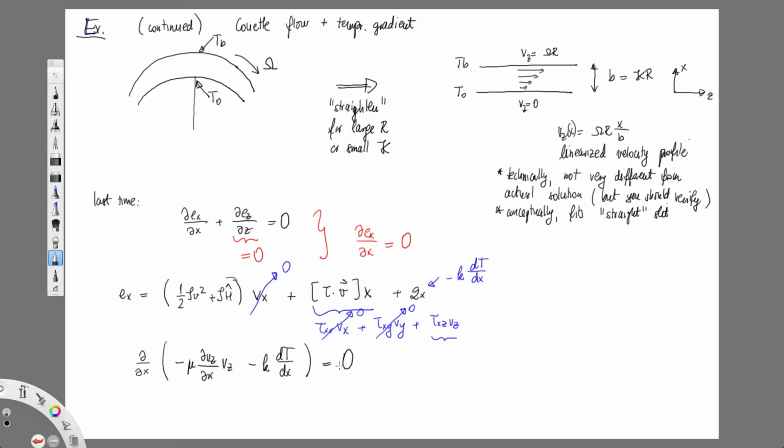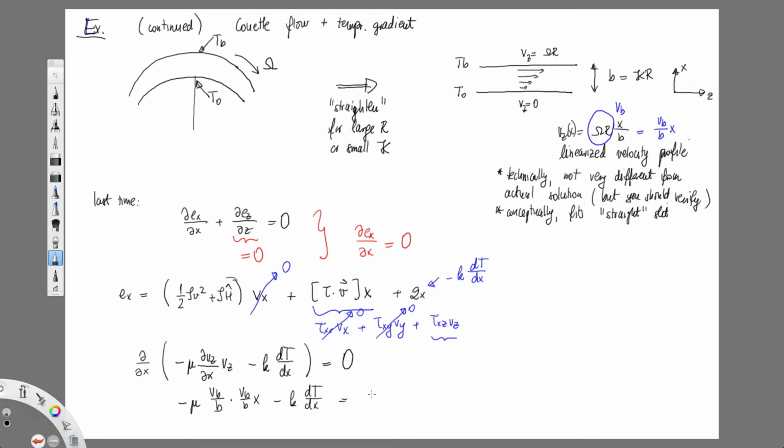So if I integrate here, I have minus mu. What is dvz dx? I'm going to parameterize this, and I'm just going to say this part is vb, or velocity of the boundary. So this is my vb over b x, okay? So my dvz dx is simply vb over b, times vb over b x, minus k dt dx.